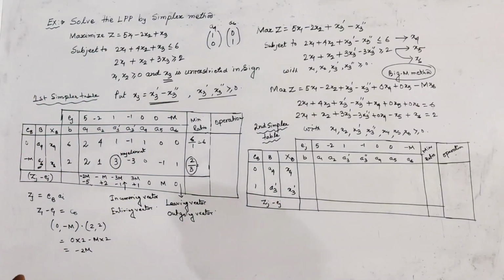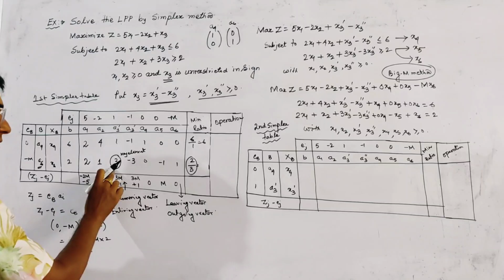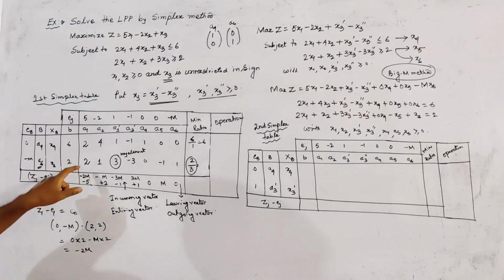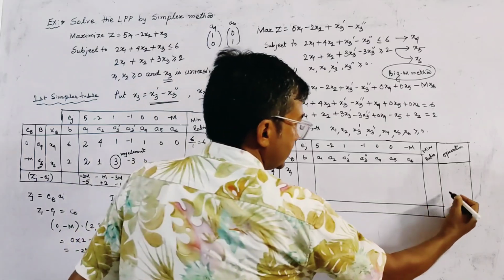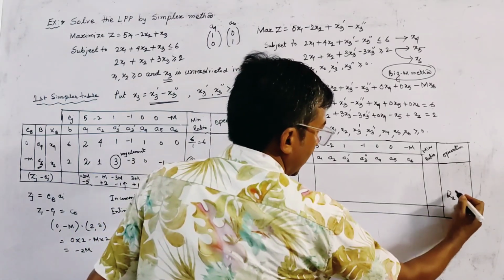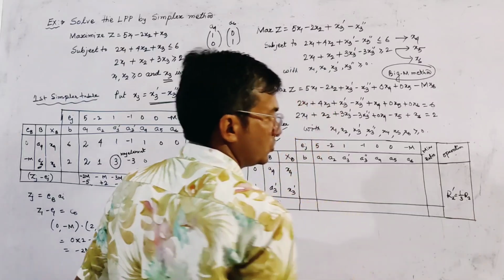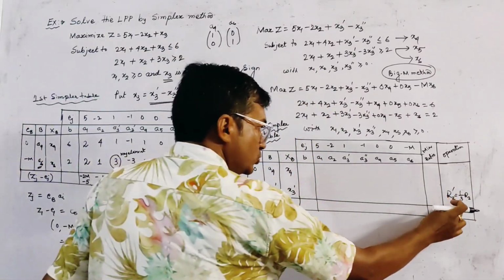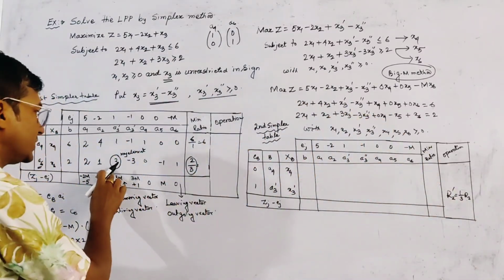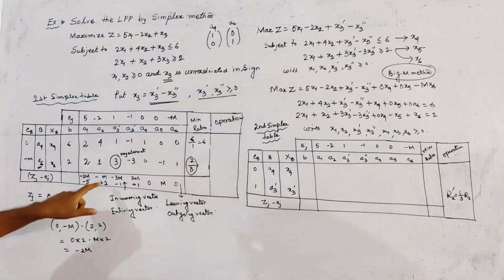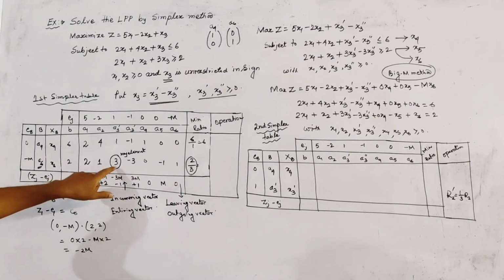Okay. Now we have to make the key element 1. How to make the key element 1? By the operation on the second row, R2 dash equals 1/3 into R2. By this operation we make 3 into 1. Okay. Why is it made 1?